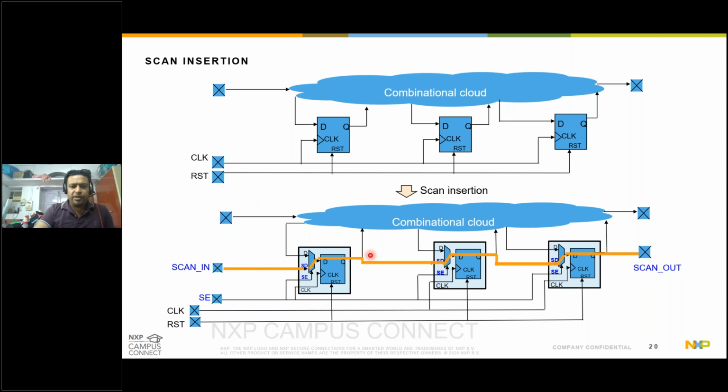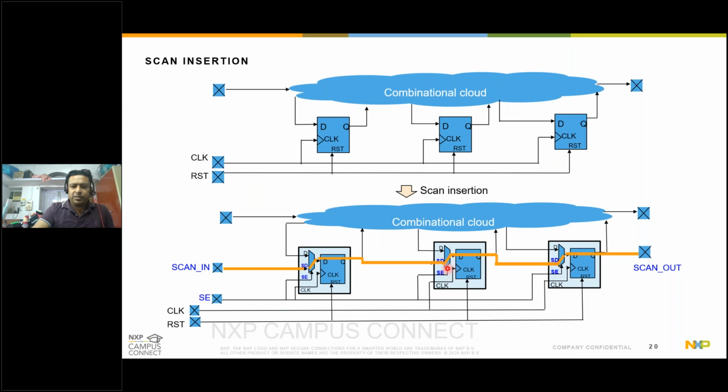With these scan-inserted flops, I have done the connectivity of the other input that I have introduced, that is SD, in such a way that I can create a shift register out of these flops. The SD input of the first stage of this shift register would be controlled through a primary input, which I am calling scan-in, and the rest of the registers would be connected in a chain fashion. The output of the last stage of this shift register would go to a primary output.